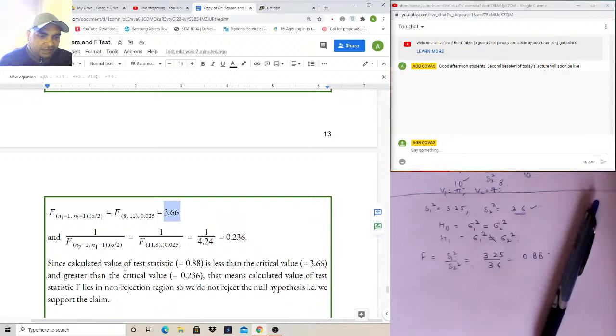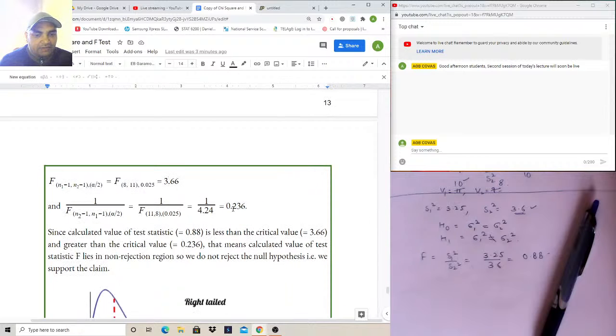Now for the second one, it will be 1 upon F 11 and 8 at alpha by 2, because it is a two-tail test, so at 0.025. So when you see the F value at 11 and 8 at 0.025, take the inverse of it, that will give you the left-tailed value.